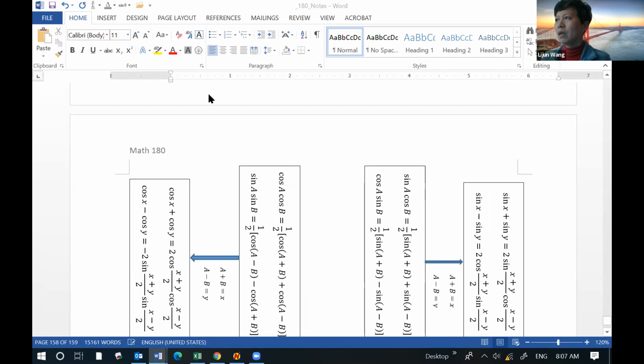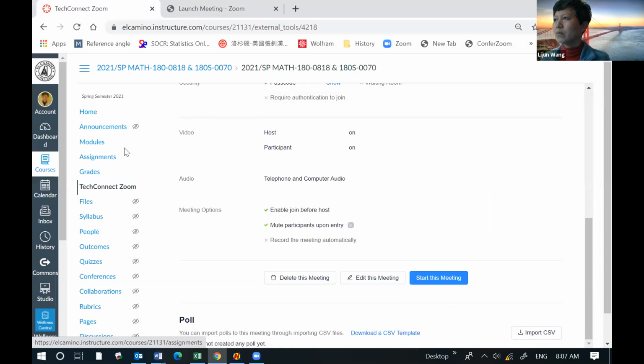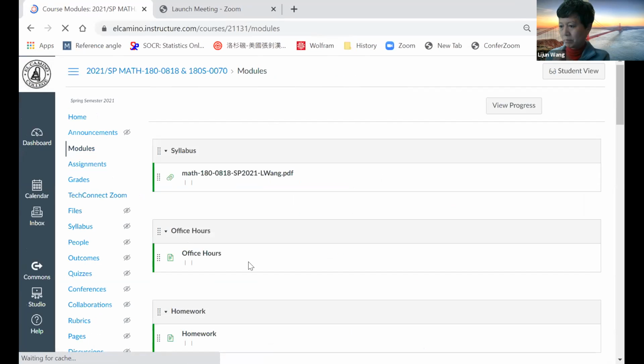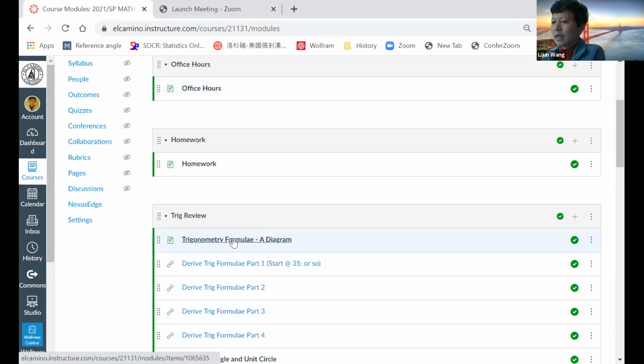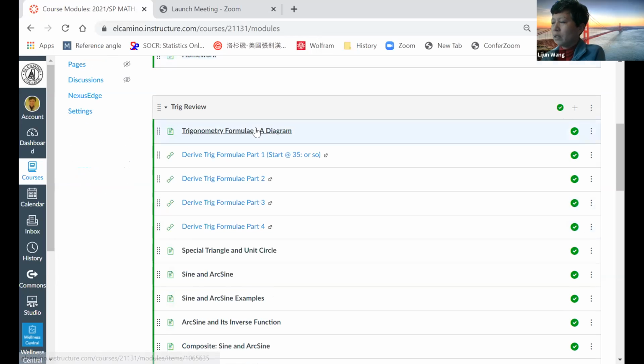Okay. Let me show you. There's another place that you can find it easily. Go to your module. Trig formula diagram. Okay, trig formula diagram right here.